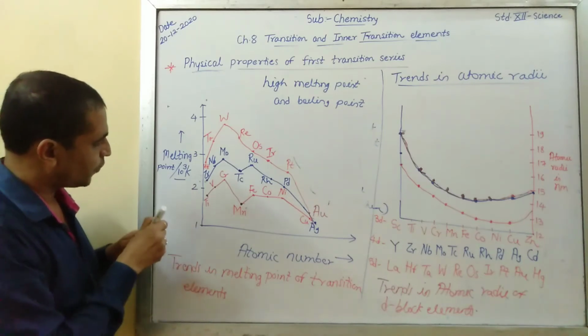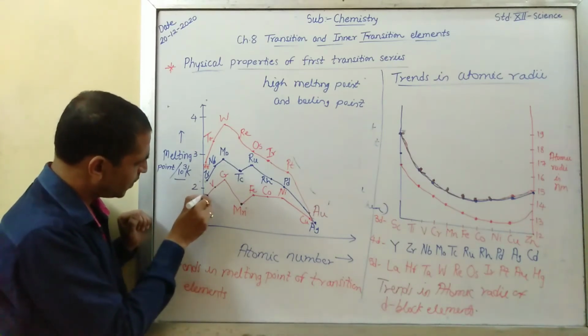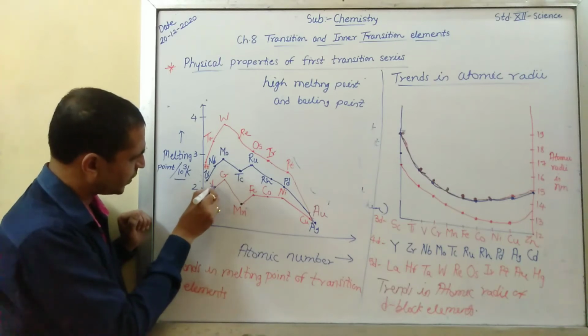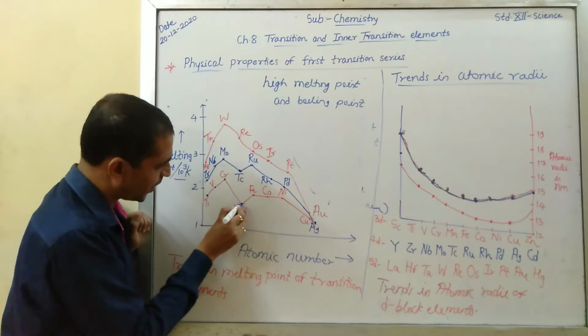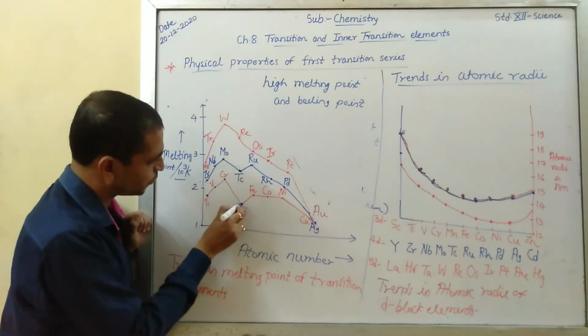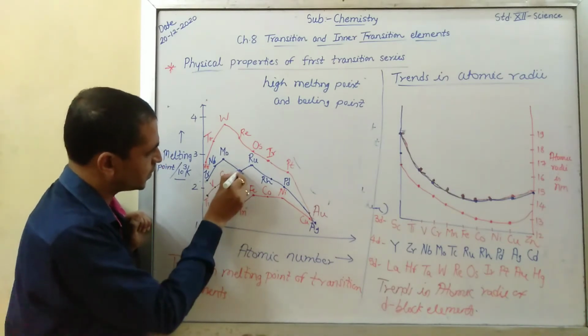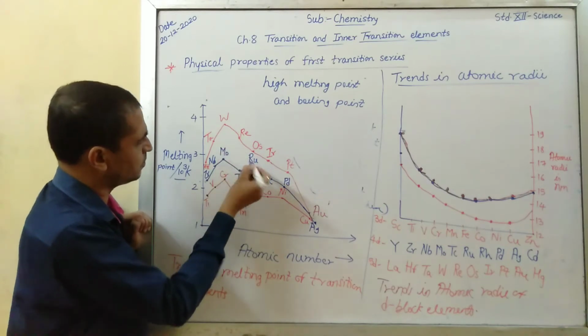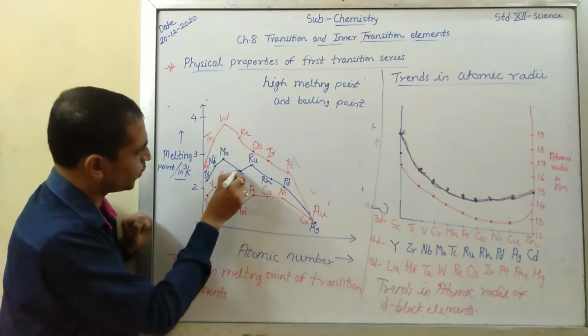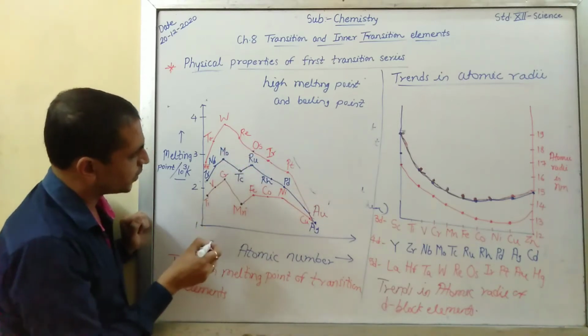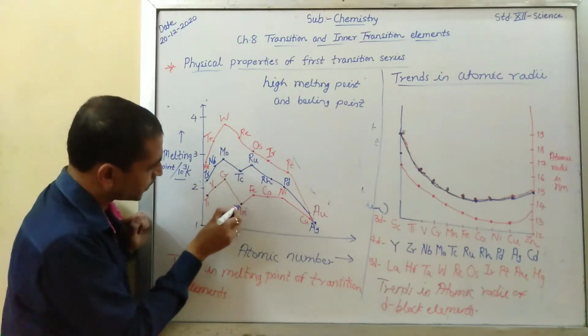Now see what happens. At the initial stage, titanium, vanadium and chromium show an increase in the melting point, but at manganese they show a decrease in melting point. Here manganese, Tc and Os show less melting point.